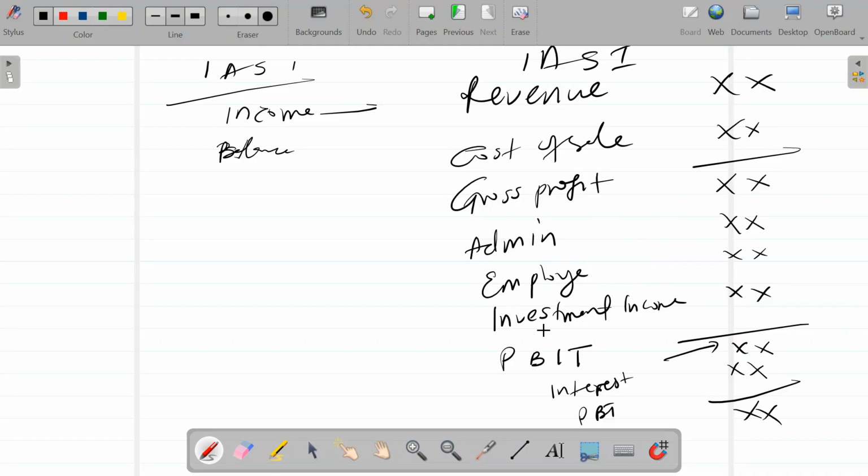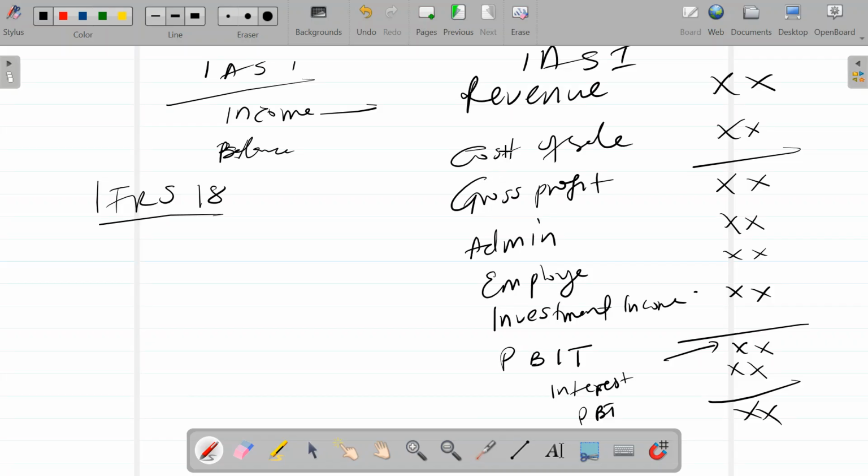In terms of the arrangement, some of them can bring investment income here. When it comes to the arrangements, there's no format. So IFRS 18 is coming to solve this problem.